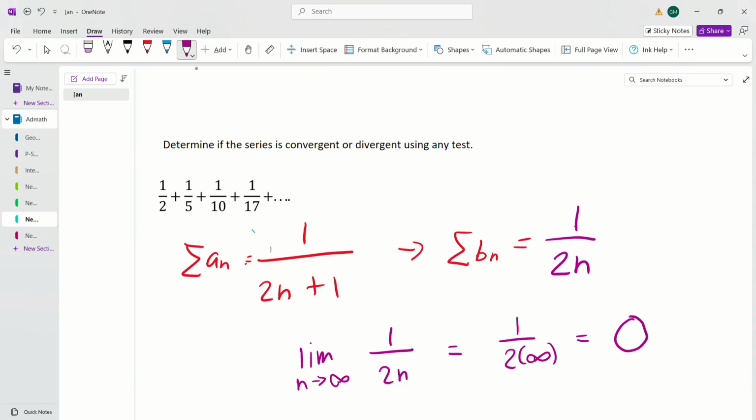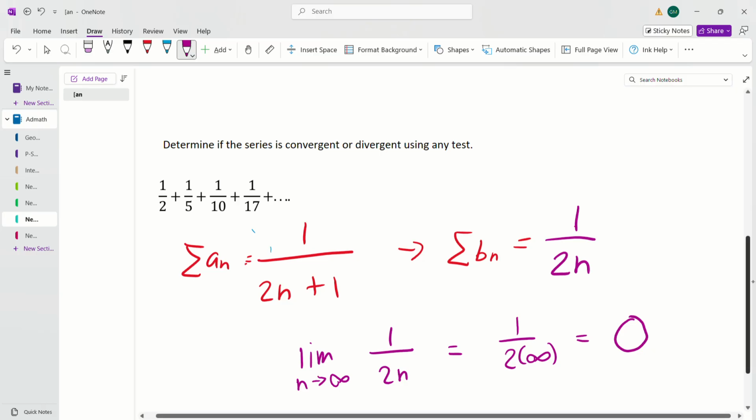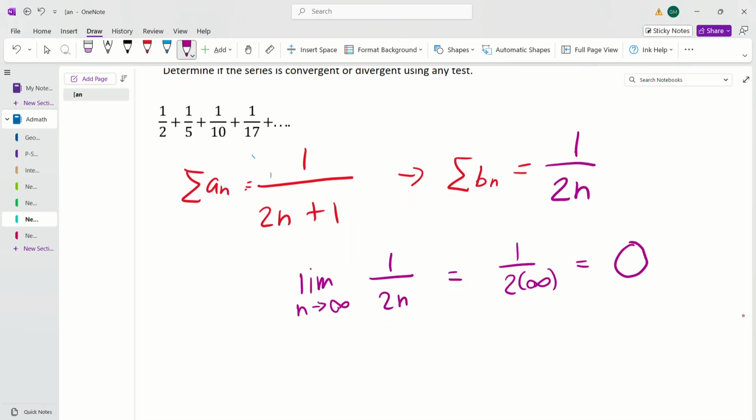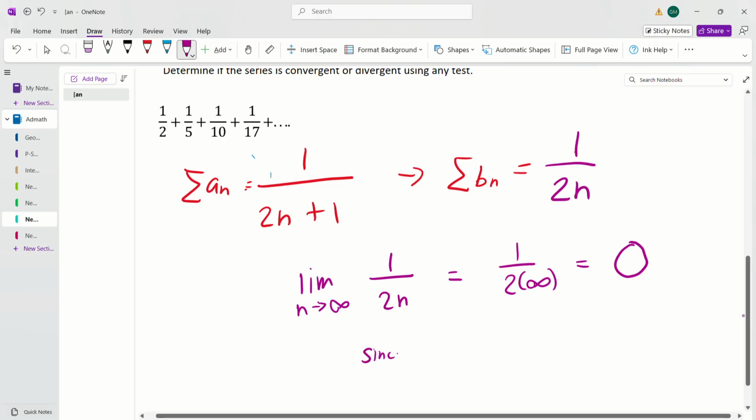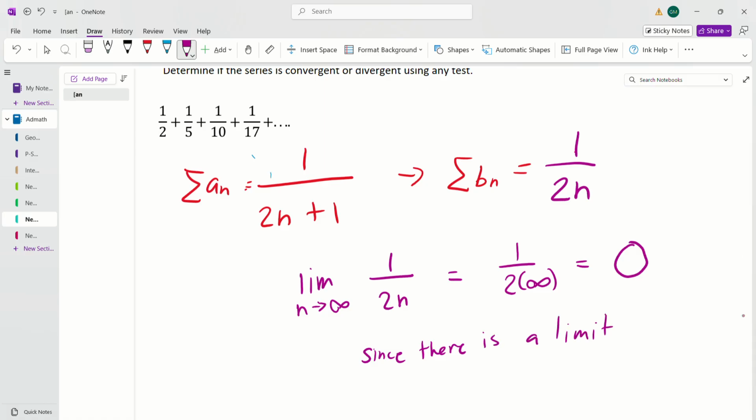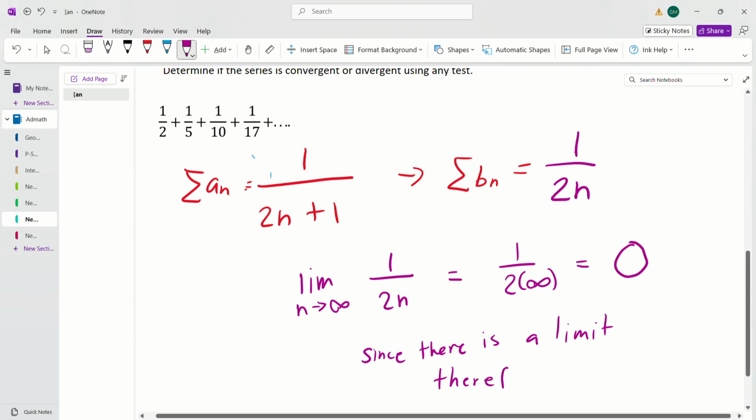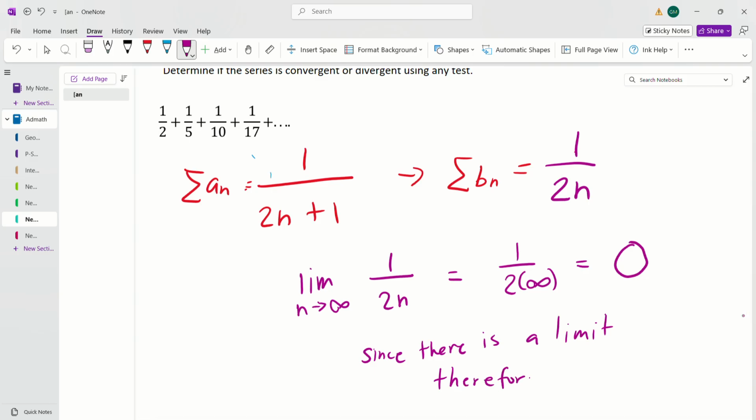And since there is a limit, therefore the summation of b sub n is convergent.